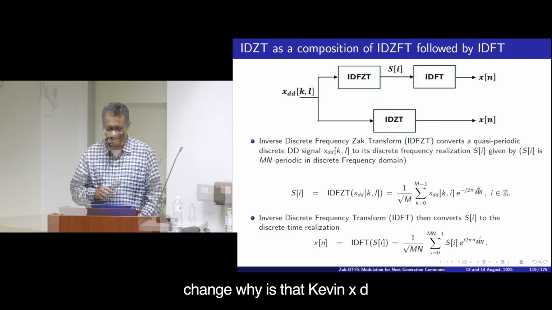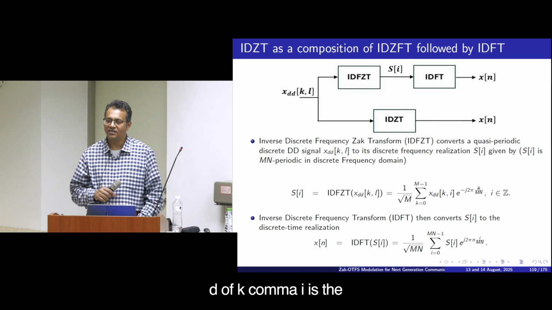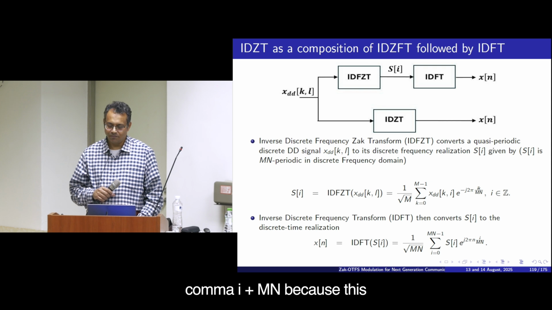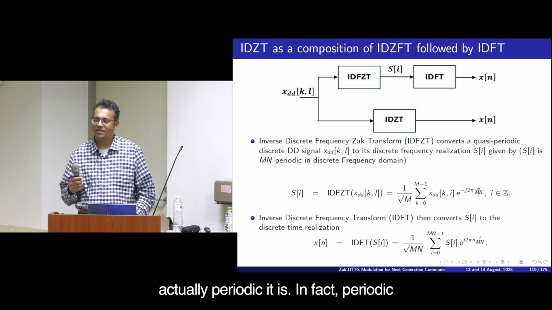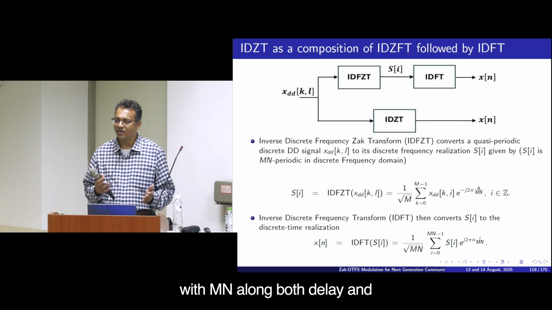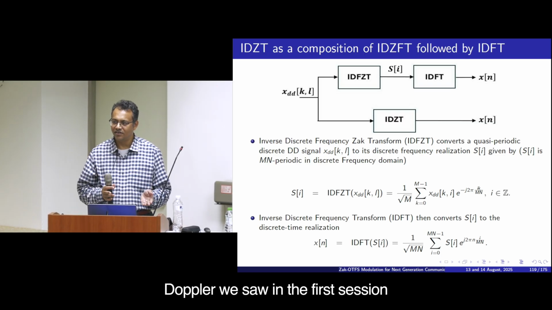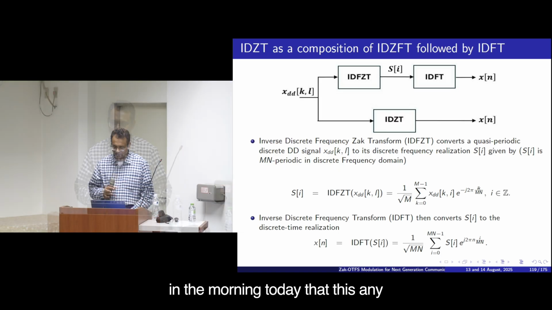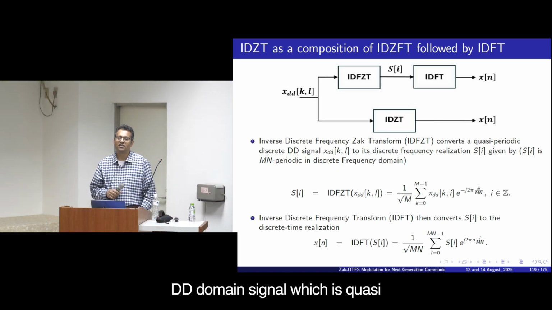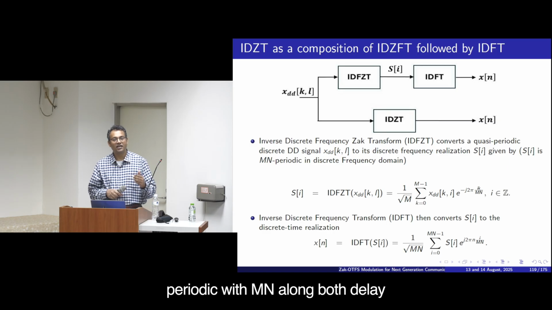Why is that, Kevin? X_dd of k comma I is the same as X_dd of k comma I plus MN, because this is a quasi periodic signal which is actually periodic. It is in fact periodic with MN along both delay and Doppler. We saw in the first session in the morning today that any DD domain signal which is quasi periodic with M and N is actually periodic with MN along both delay and Doppler.